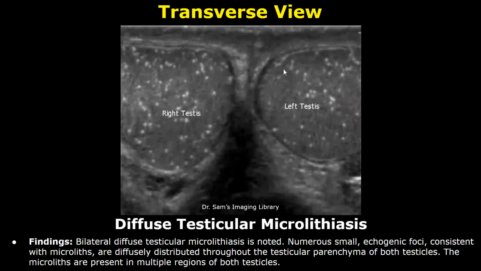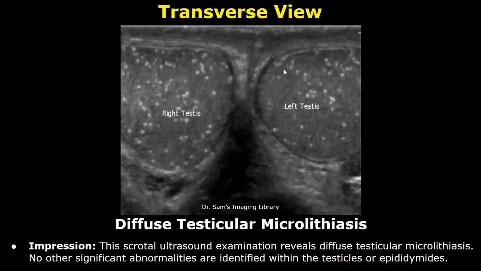For a diffuse testicular microlithiasis, numerous small echogenic foci consistent with microliths are diffusely distributed throughout the testicular parenchyma of both testicles. The microliths are present in multiple regions of both testicles.